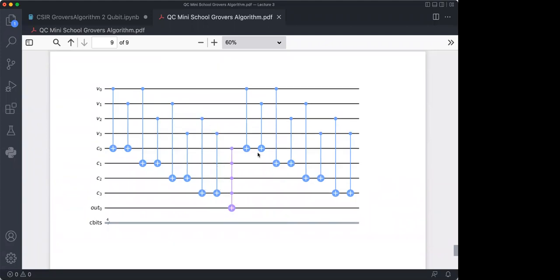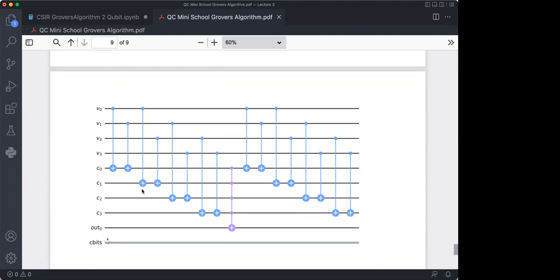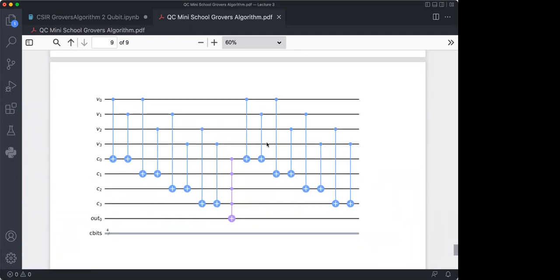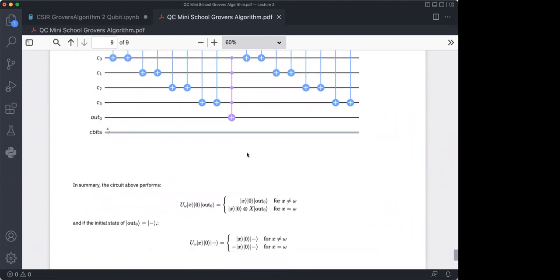We first use the checking circuit here, and we check the values of the clause qubits. We store it in out 0, and we uncompute so that all these clause qubits end up back in the state 0, 0, 0, 0. This is the oracle that we're now going to put into our Grover's algorithm.